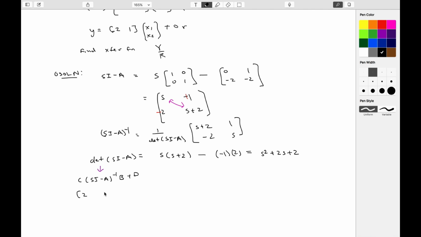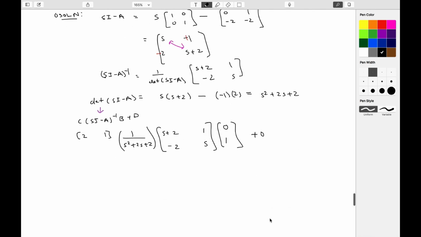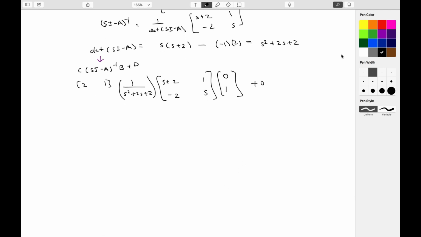And so what we're going to come up with then is [2, 1] multiplied by, and then I could just put 1 over s squared plus 2s plus 2 for ease for right now, multiplied by [s plus 2, 1; minus 2, s], and then multiplied by [0; 1], which is B, and of course we can add to that 0, which is D.